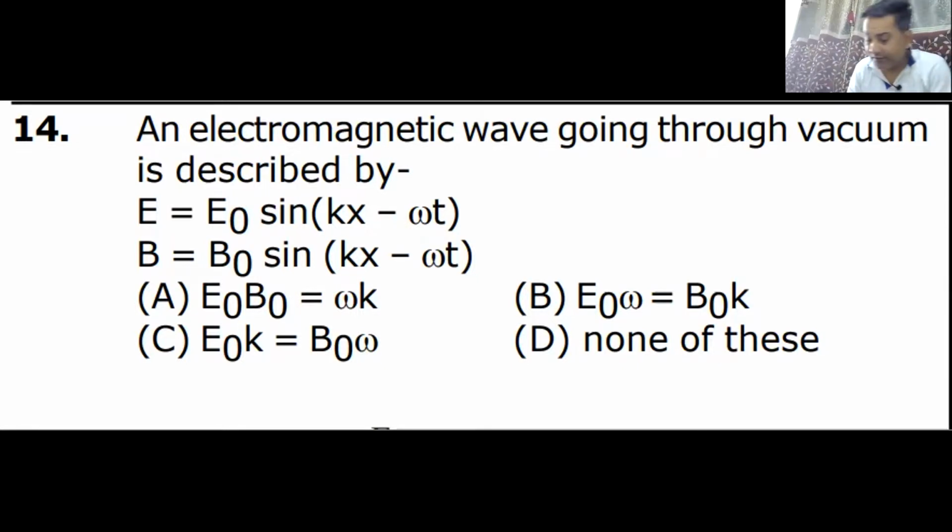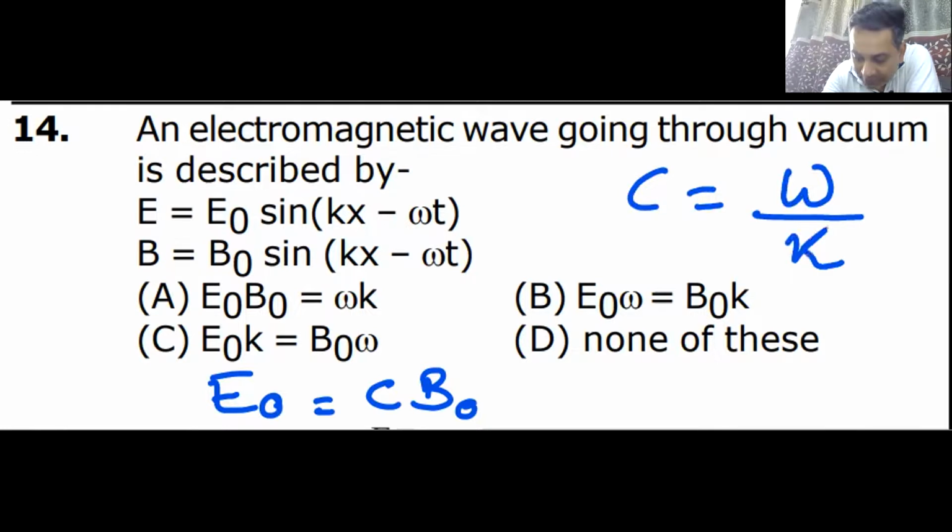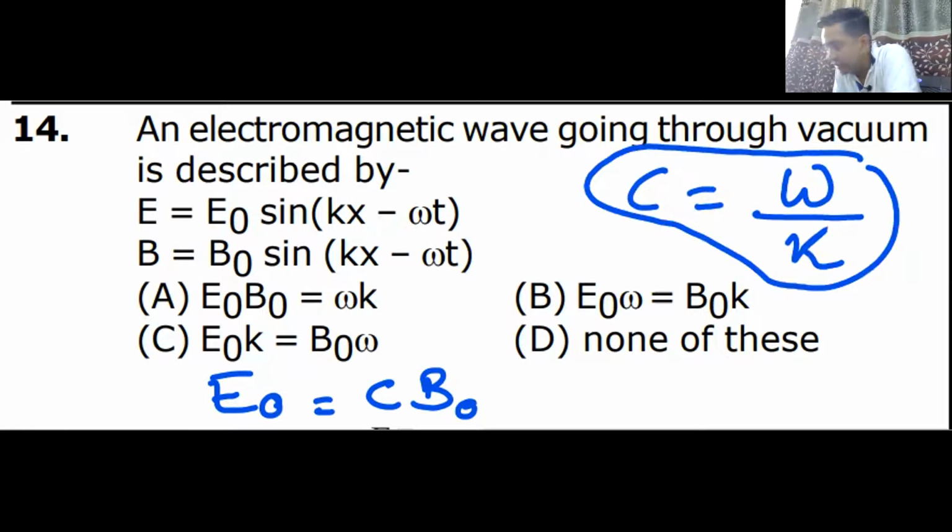Okay, shall I give you a hint? Remember, E naught will be equal to C times B naught. Yes or no? I just told you that. And this C is equal to omega by K. Remember this formula for speed of light. Can you remember this for me?